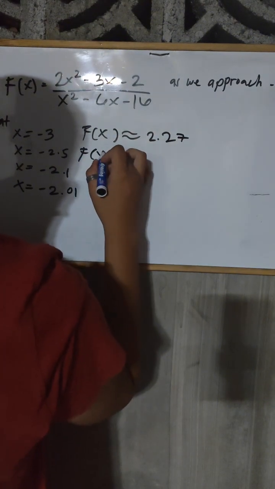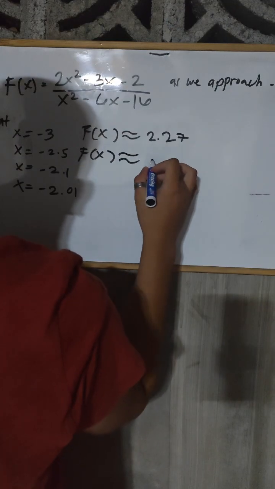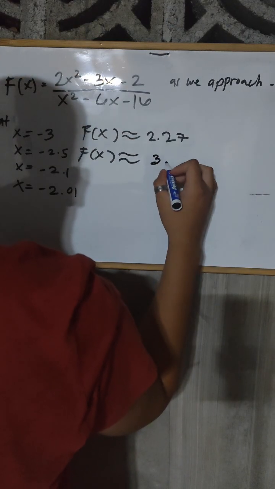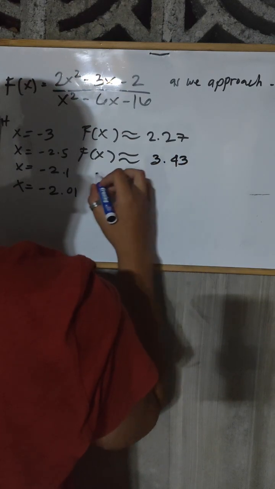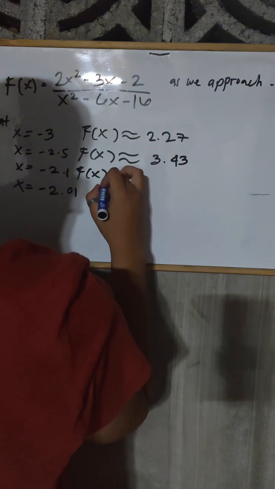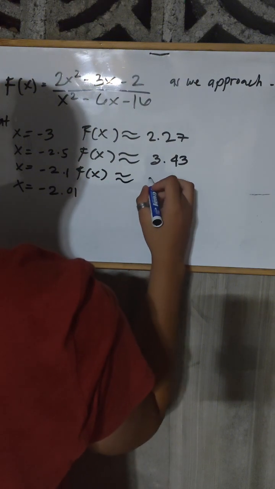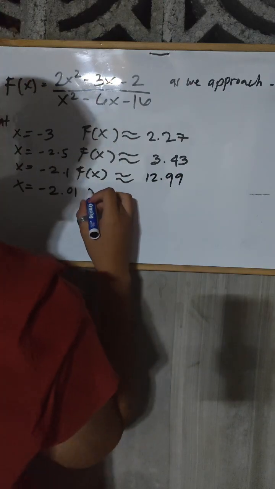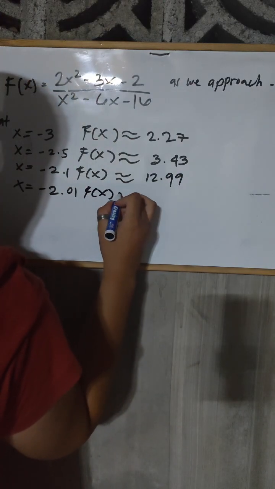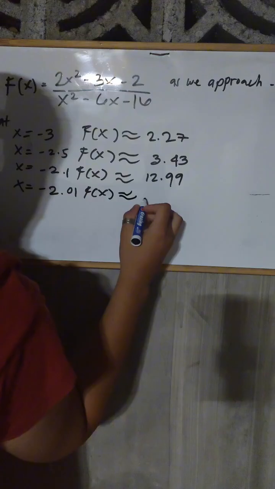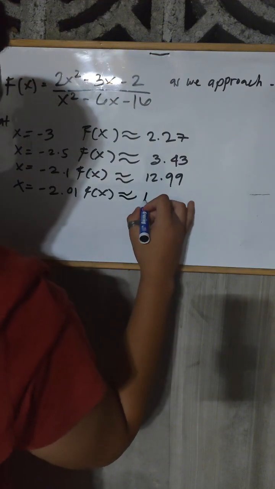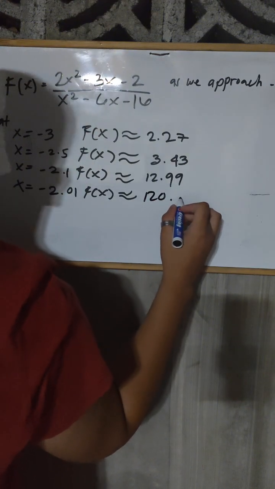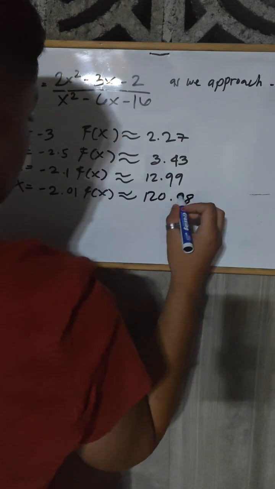Now at this, it's gonna approximate near 3.43. What about this? It's gonna approximate something around 12.99. F of x is gonna equate somewhere near 120.98.